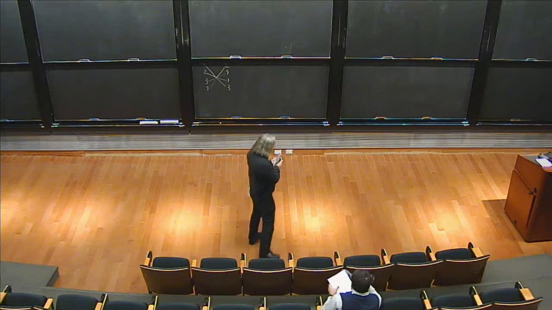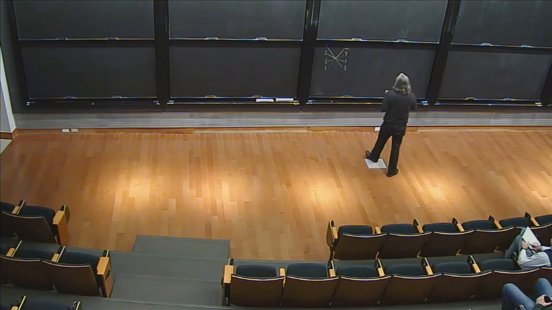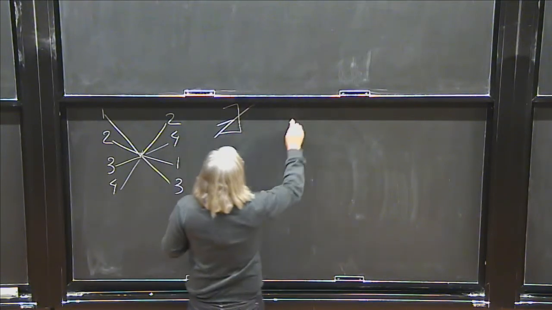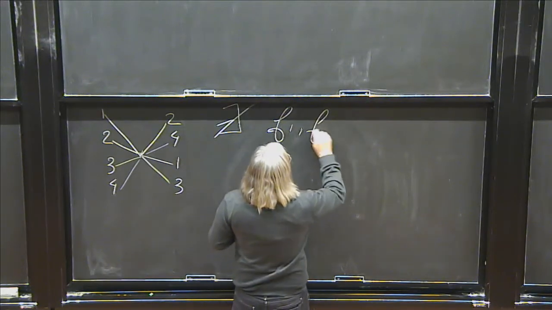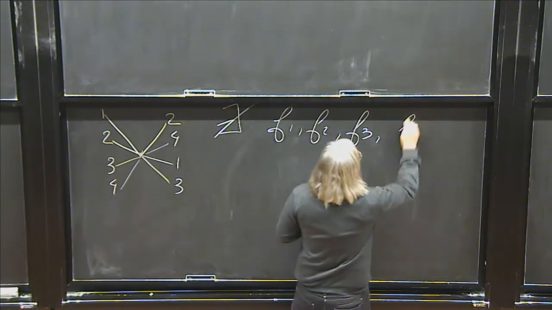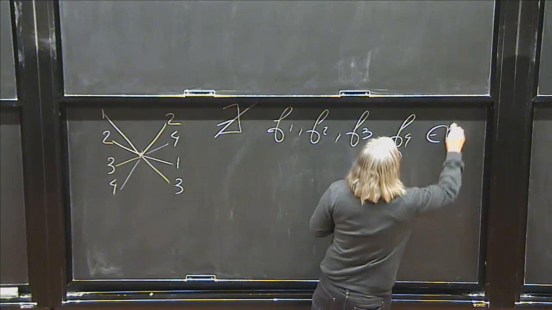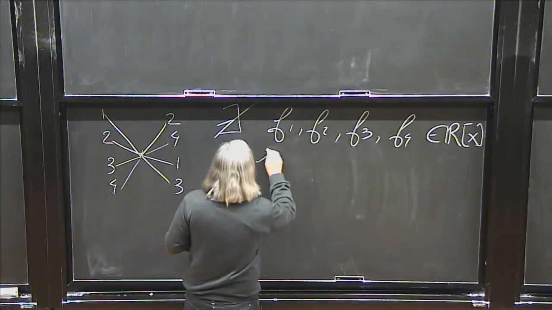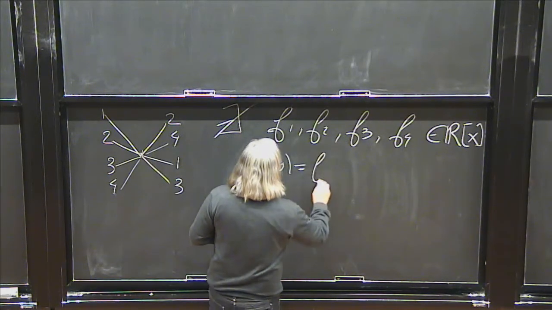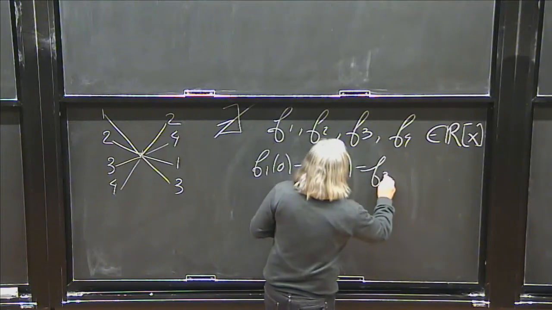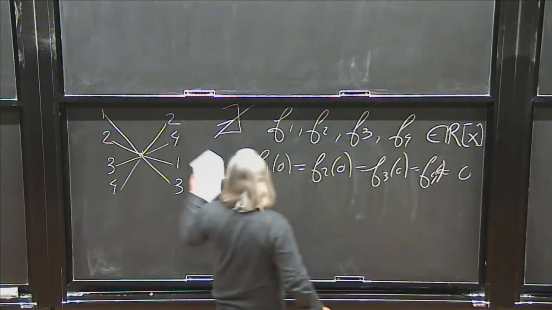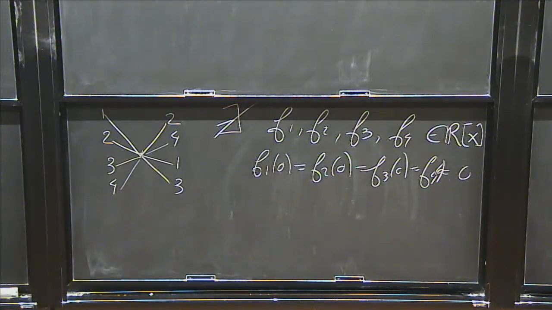So let me state the theorem on the subway ticket. The theorem is this: there does not exist 4 real polynomials in one variable, all of them vanishing at the origin, and having this qualitative behavior in the neighborhood of 0.